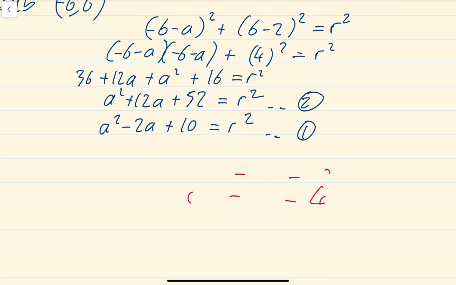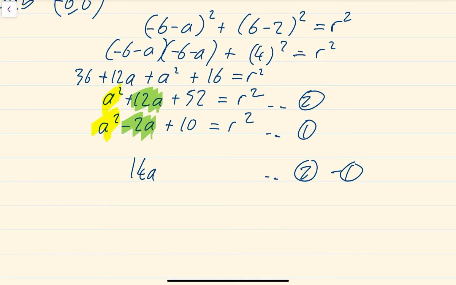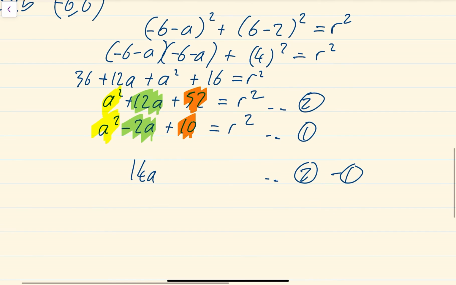So if we subtract here, I'm just going to do equation 2 minus equation 1. a squared minus a squared, that disappears. Then you've got 12a minus 2a, that's going to be 14a. And then you've got 52 minus 10, that's just going to be 42.